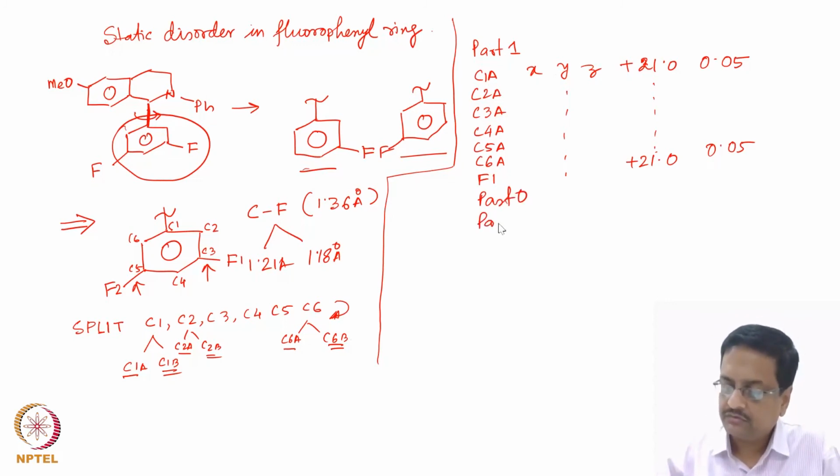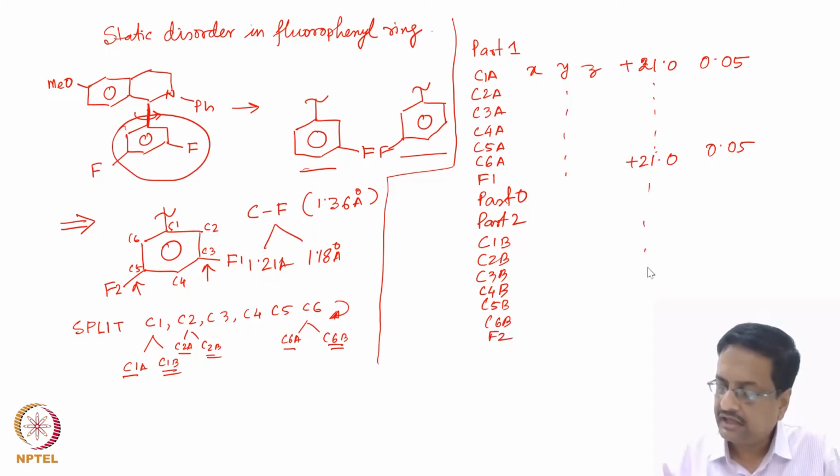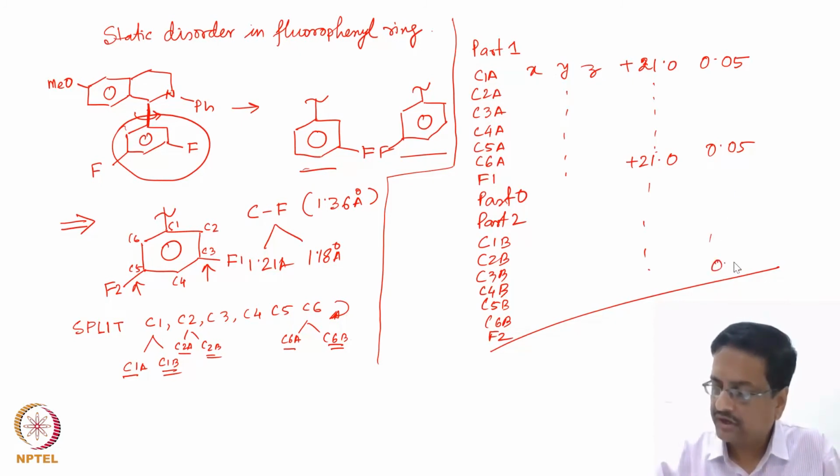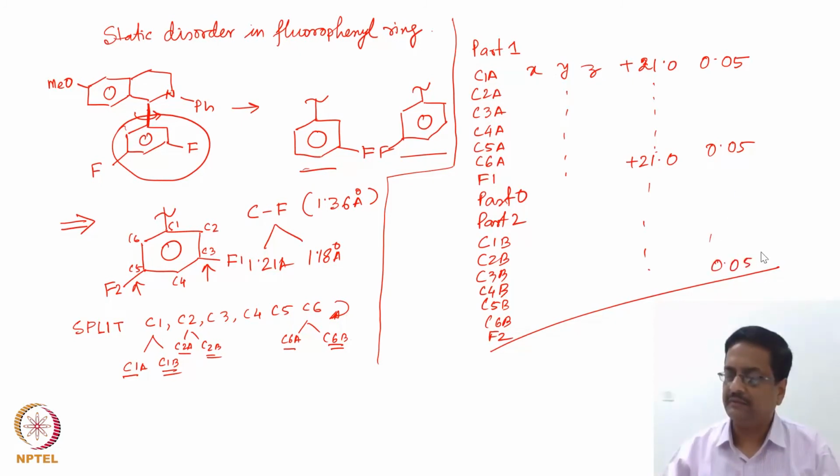Similarly, write part 2 and include C1B, C2B, C3B, C4B, C5B, C6B and F2, all with 0.05 as thermal parameter.